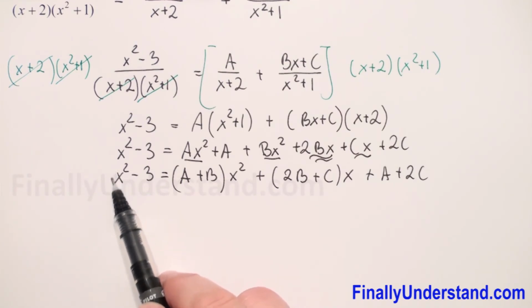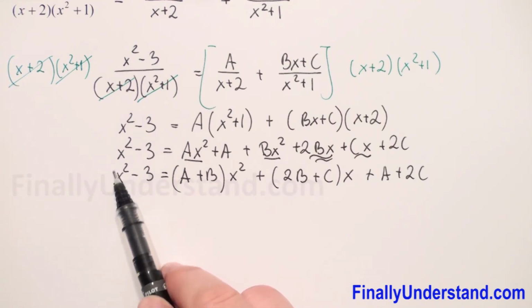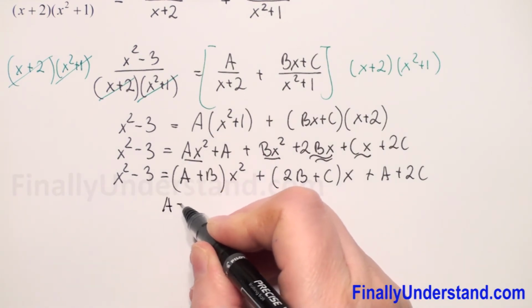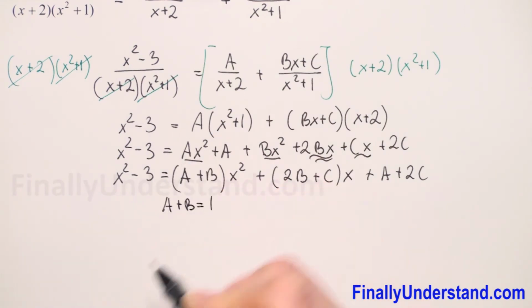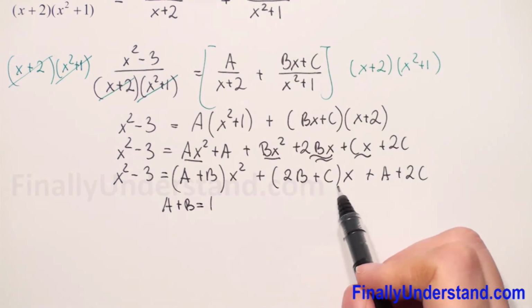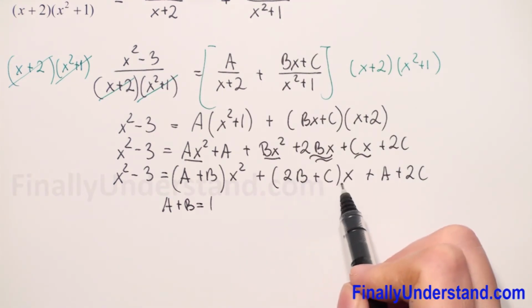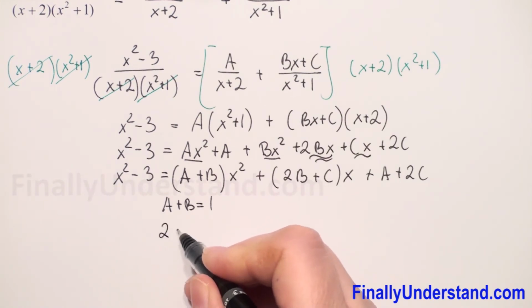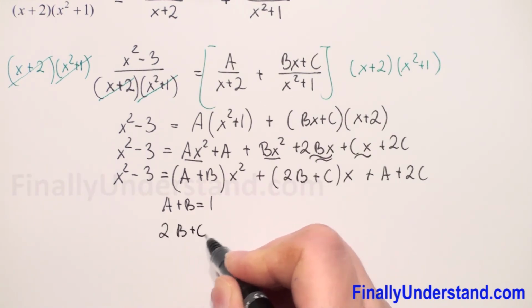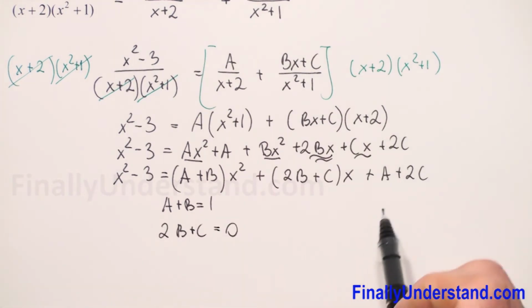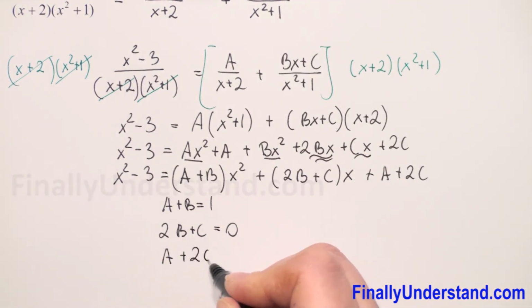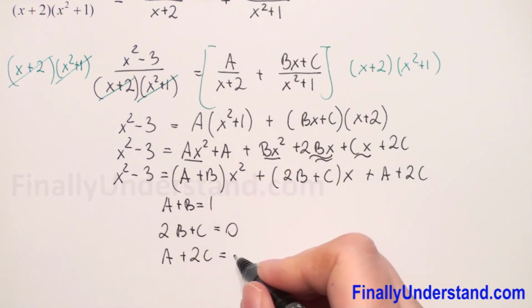When we don't have a written number, it is always an invisible 1. So 1 must be equal to a plus b. So first I will write a plus b must be equal to 1. Next, we have the expression with x. On the left side we don't have it. It means that the coefficient 2b plus c must be equal to 0. And the constant a plus 2c must be equal to -3.